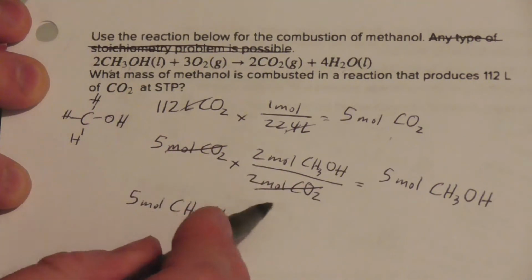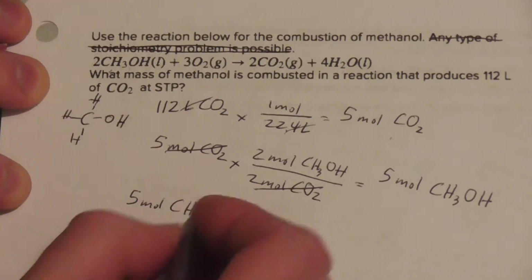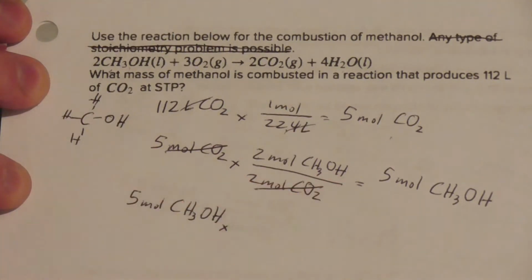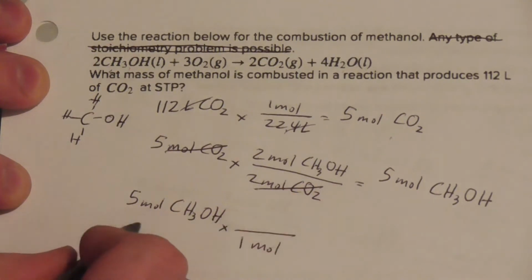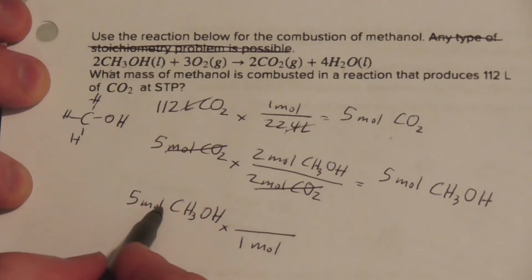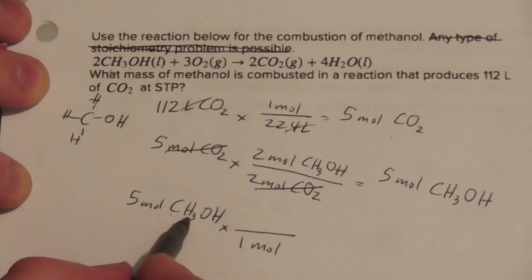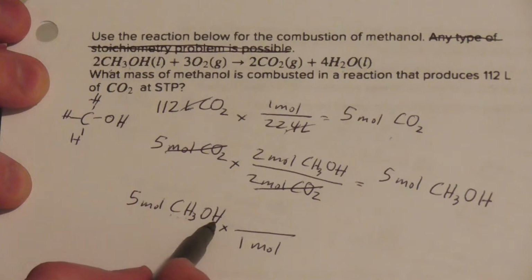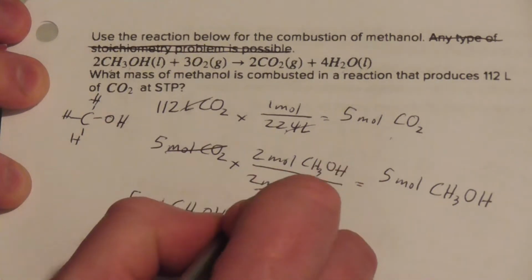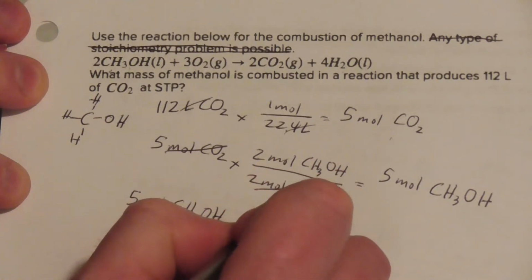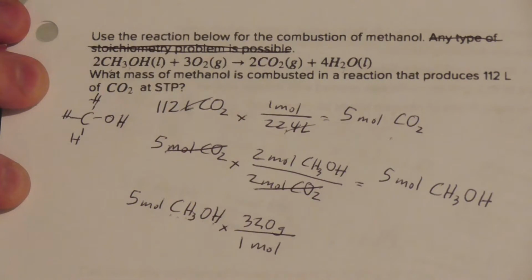Now I did my cross multiplication or my canceling out. Now I have my moles of what I'm interested in, methanol, and I need to go to grams. So I'm going to put moles on the bottom so that it cancels out. The gram molar mass here, we have 12. Hydrogen is 1. We have 3 of them. We actually have 4 of them. So 12 plus 4 is 16. 16 plus 16, because oxygen is 16, is 32. 32 grams over 1 mole.